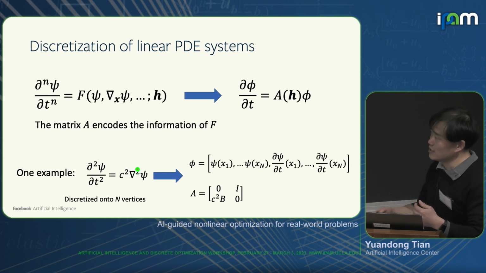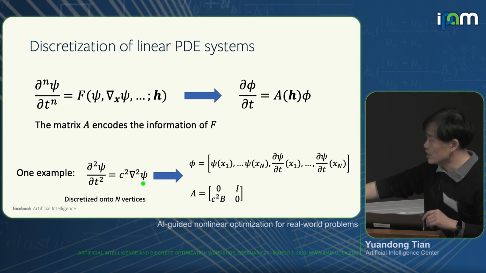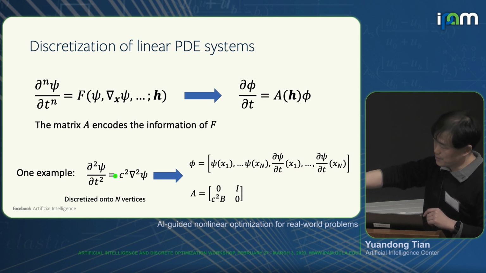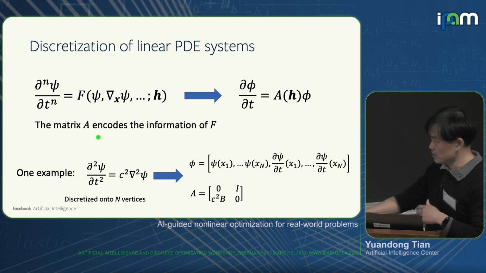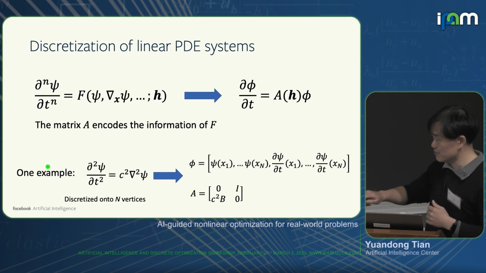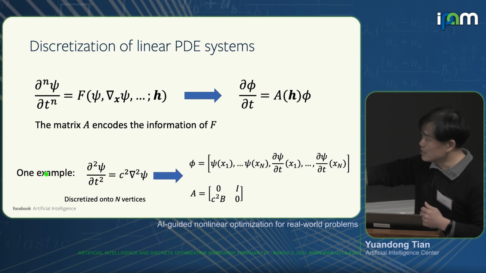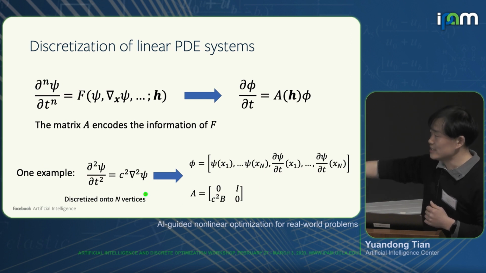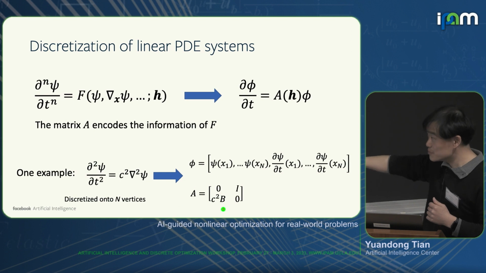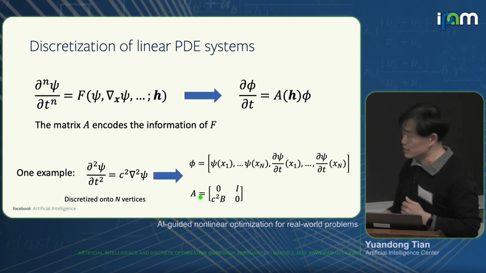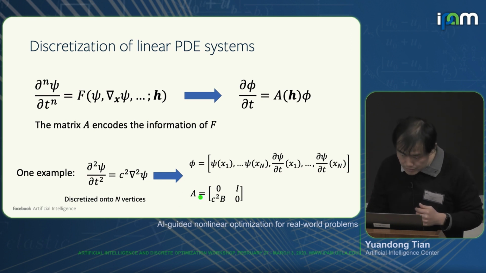You do a discretization on the spatial domain so that the Laplacian operator becomes a linear operator, which is B. Also, you can decompose this second order temporal partial differential operator into two first order ones. By writing out these equations, you arrive at this A, which has this interesting form, and this corresponds to the spatial discretization of linear PDEs.